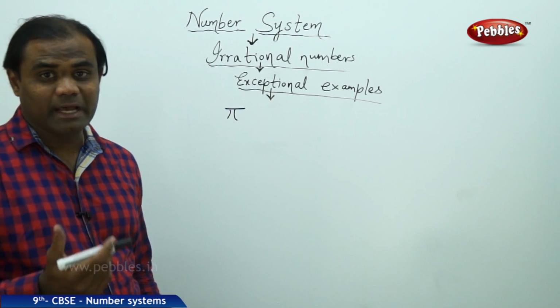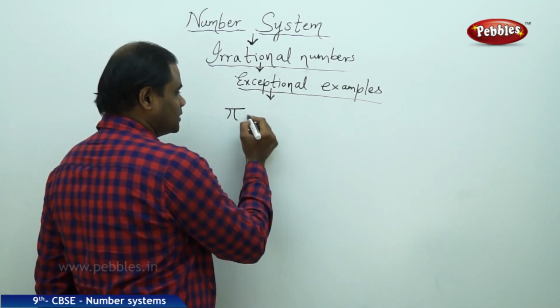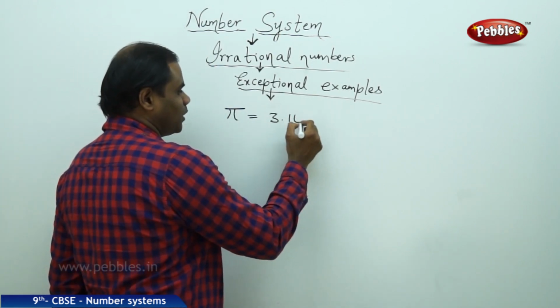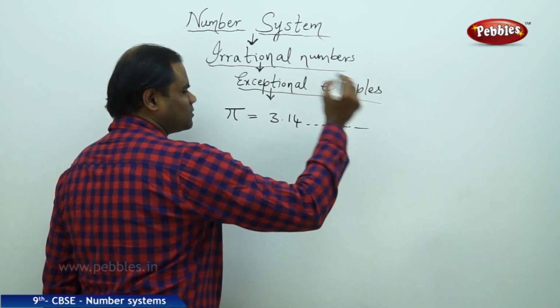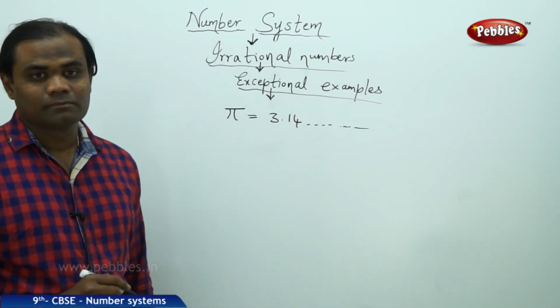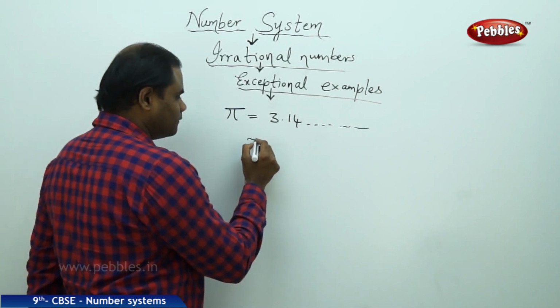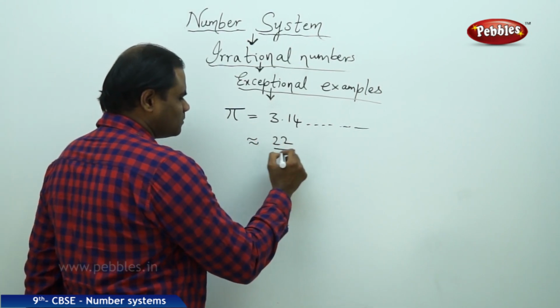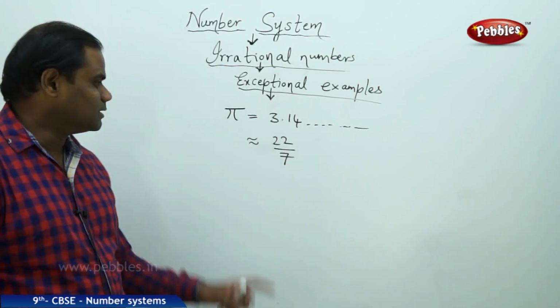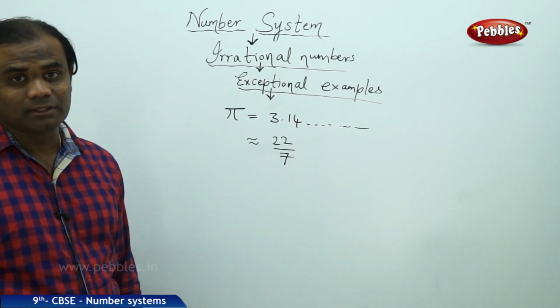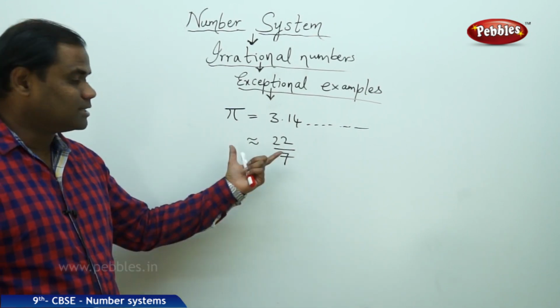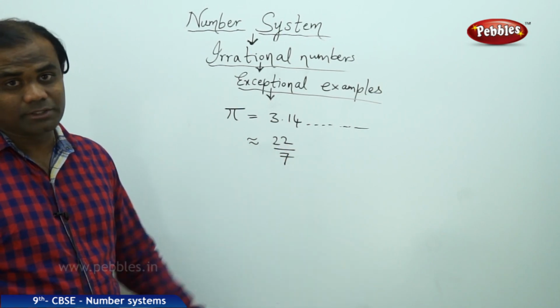We all know that pi has a specific value, that is 3.14, and it continues forever without ending. Now this we approximately take as 22 by 7. So pi is approximately 22 over 7, but let's see if this is a rational or an irrational number.